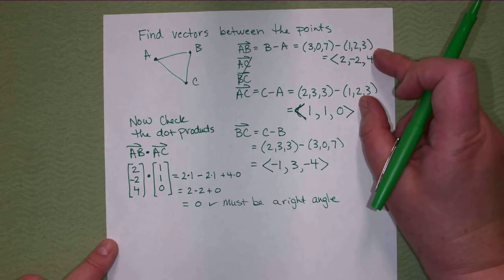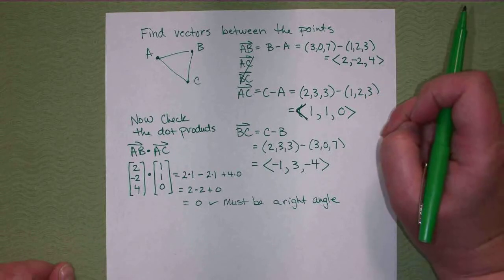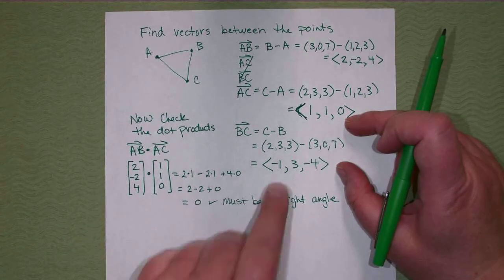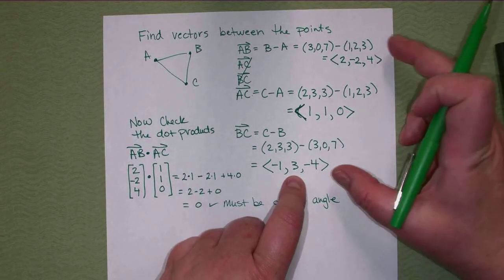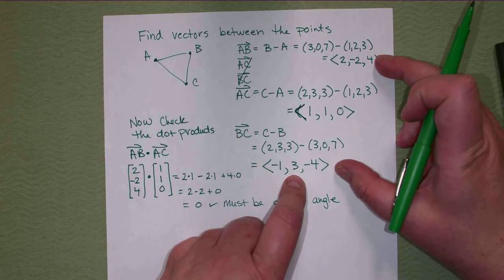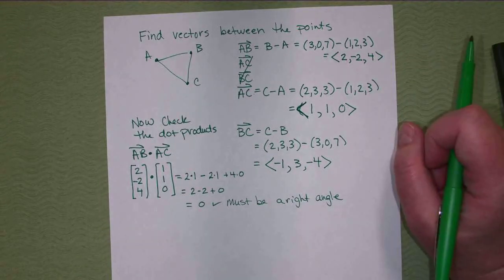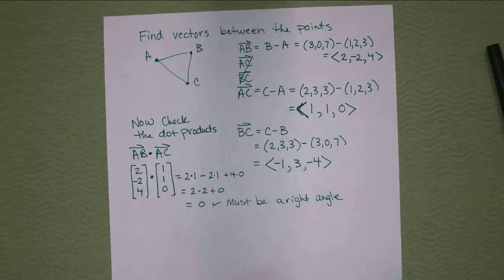It would be less work if I did those ones first. Right? If you dot this and this, you're going to end up with a 2, and this, you'll end up with something else, and I can't do it in my head just like that, right? So it's a right angle because one of the dot products is 0.